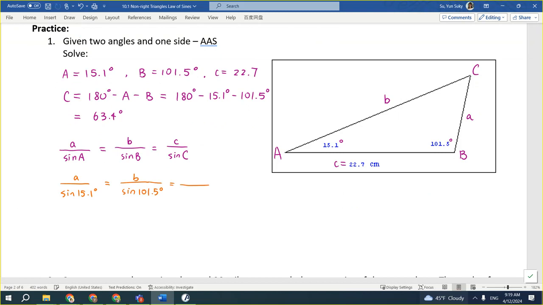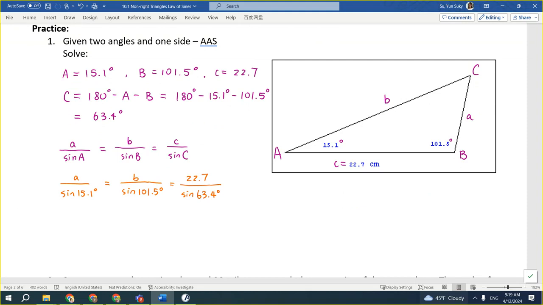Do we know side C? Yes. So plug in all the known information. Do we know angle C? Yes, 63.4 degrees. Yes, everybody?